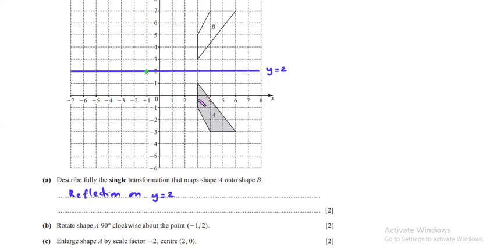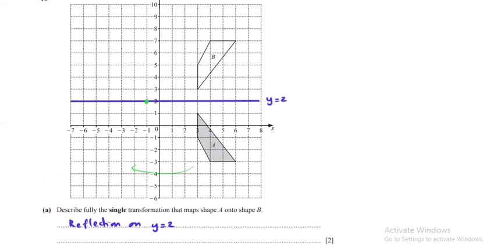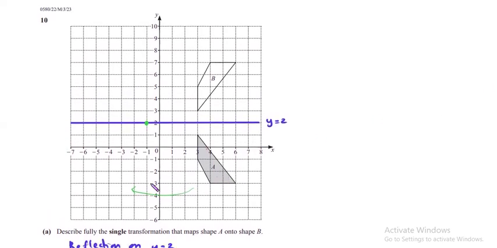-1 and 2 is here. This has to be rotated clockwise 90 degrees. So when we rotate clockwise, it has to go this way. We need to find the location of the image once it's been rotated 90 degrees clockwise. To do that, we place the tracing paper on the grid. You can make a small mark at the top on the tracing paper. When we do a 90-degree clockwise rotation, the mark that you made at the top will move somewhere to this side.